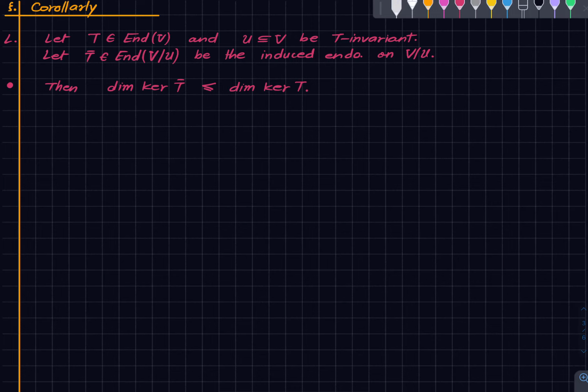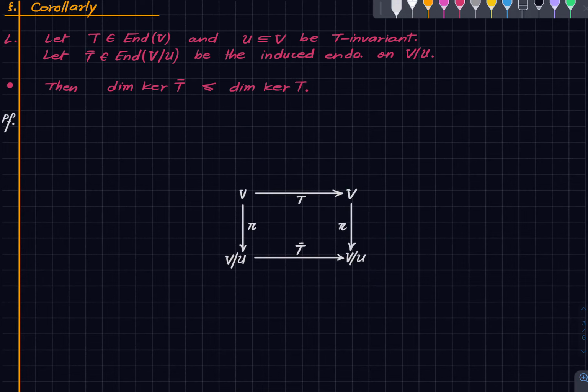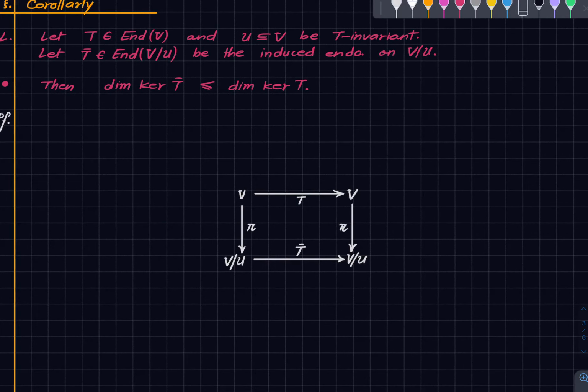So first of all, we have this diagram. We have the kernel of T bar, which we will include via this inclusion map.